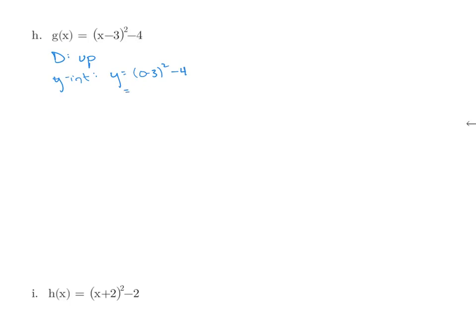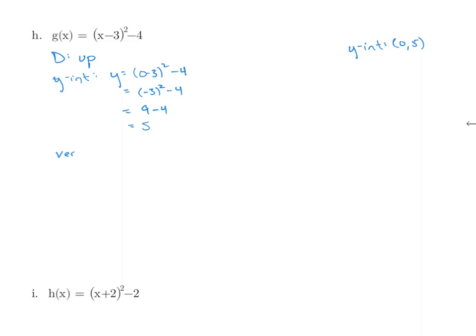If we simplify this, 0 minus 3 is negative 3 squared, which is equal to 9, minus 4, which is equal to 5. So our y-intercept is (0, 5).